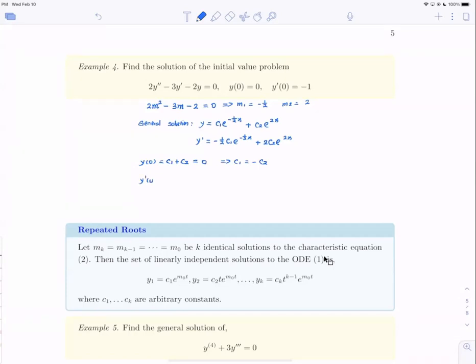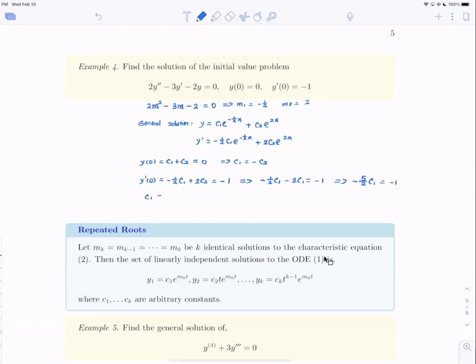Y prime(0) equals negative 1/2 c1 plus 2 c2 equals negative 1. So you can get negative 1/2 c1 minus 2 c1 equals negative 1. So negative 5/2 c1 equals negative 1.